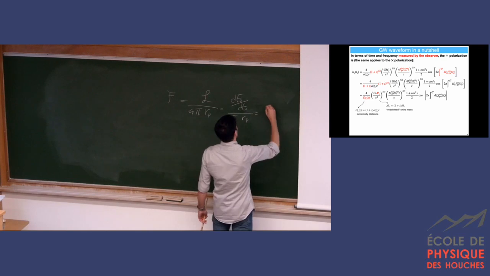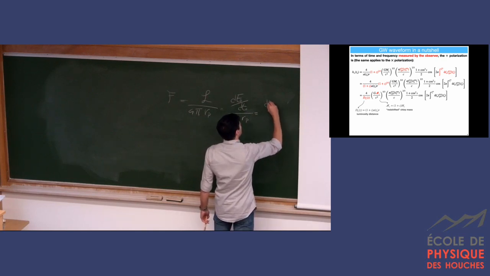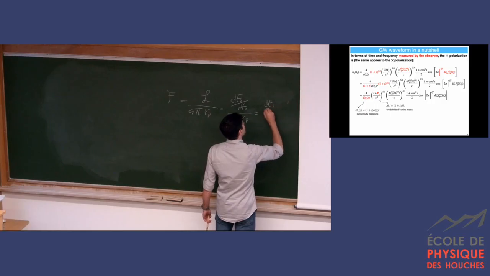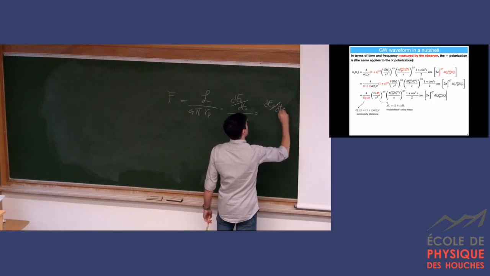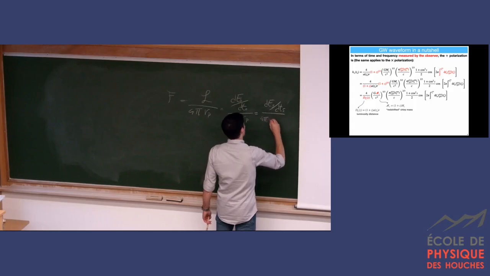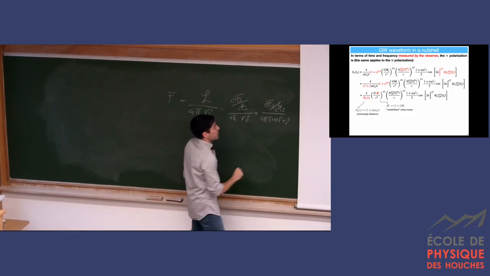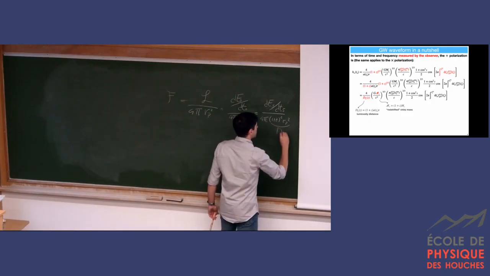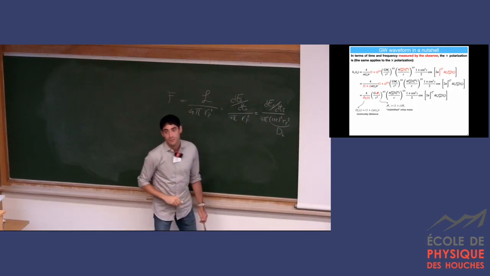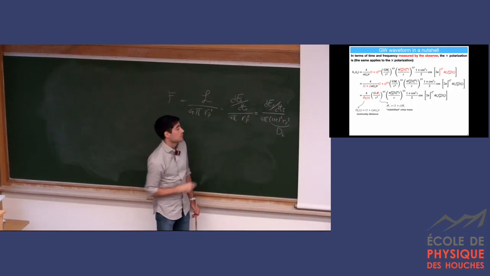And so you end up having dE in the source frame divided by dt in the source frame times 4 pi (1 plus z) squared Rp squared. And this is what we define as the L in general.